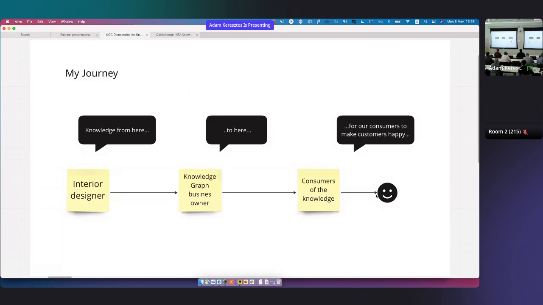And in the end, the consumers of the knowledge graph are product teams that work with the search engine, the website, and all aspects of the user experience. And of course, if they have the right tools, they make the customers happy.